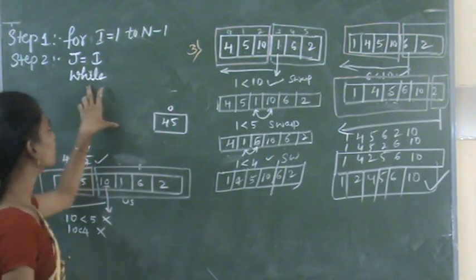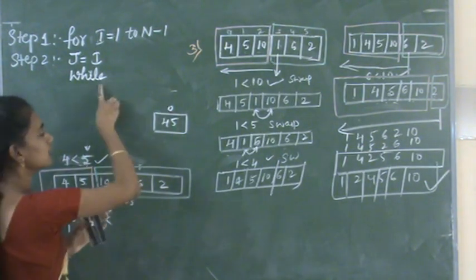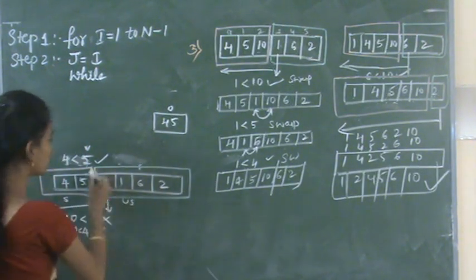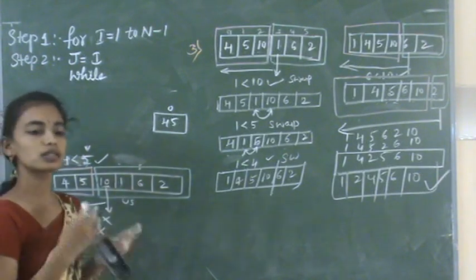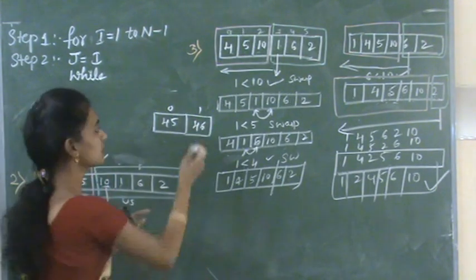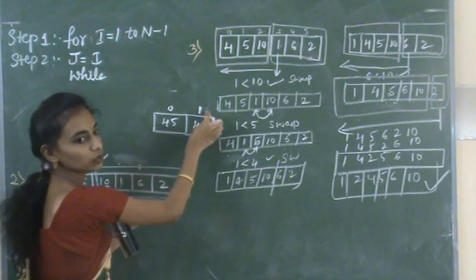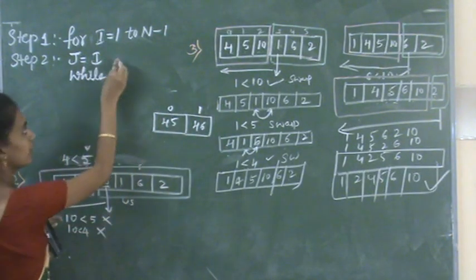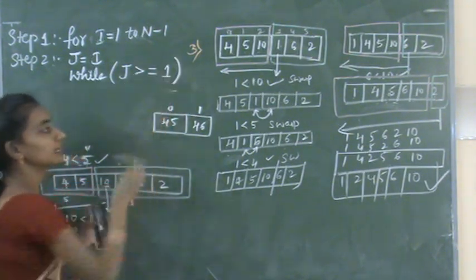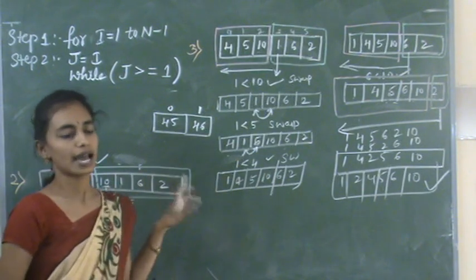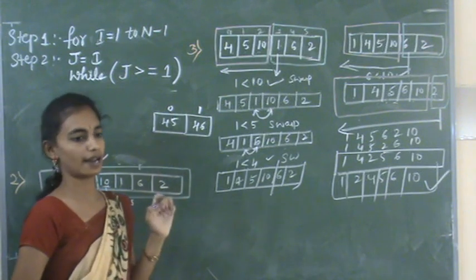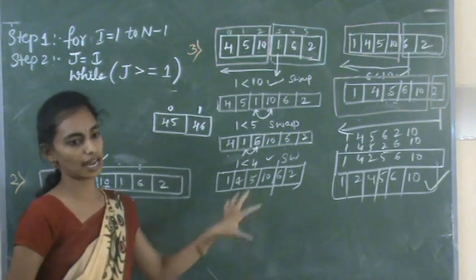So we have to check the condition whether the array size is more than 1. If it has another element, which value are we taking? J value. J is greater than or equal to 1. Then only we can perform this insertion operation. Suppose we have only one element in an array, we cannot sort those values.